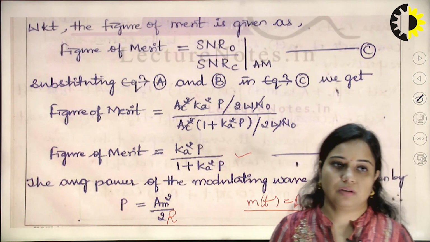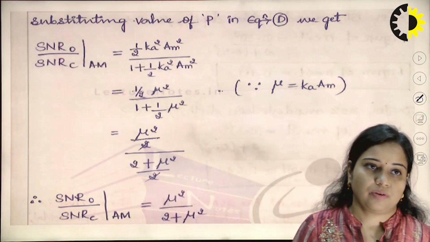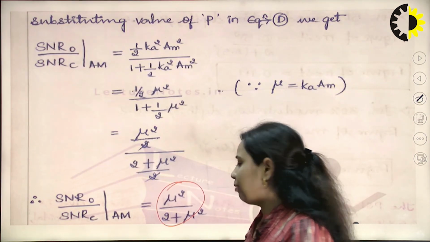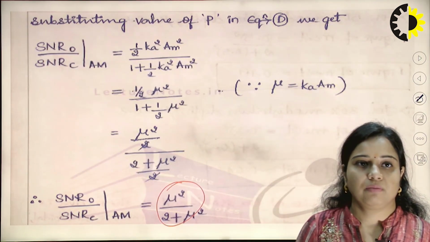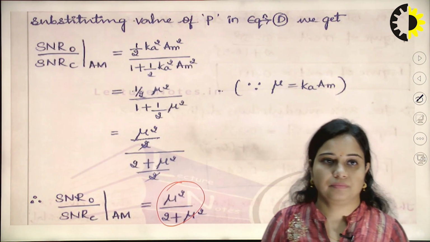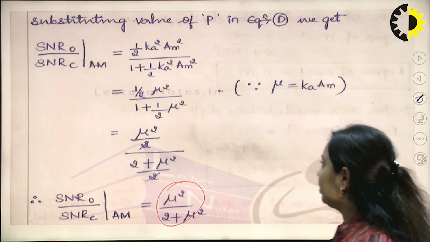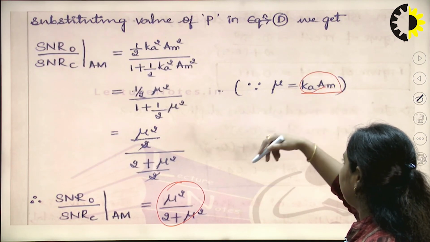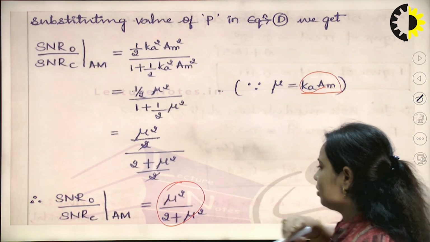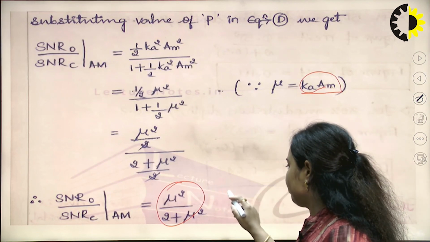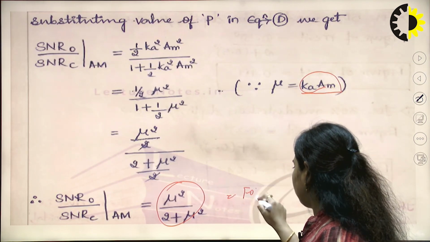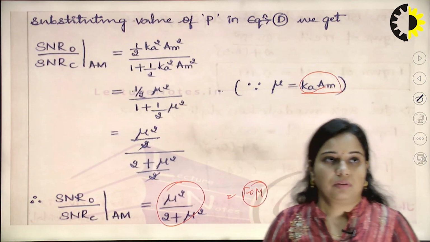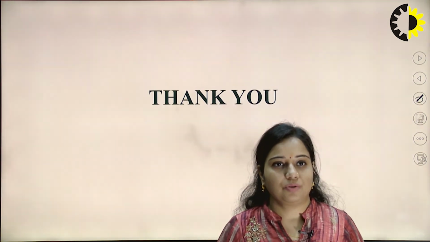So, that is the value of P. After putting all these values, it reduces to mu square upon 2 plus mu square, where mu is equivalent to Ka into Am. Now, what is Am? Am is the amplitude of the message signal and Ka is the proportionality constant. So, that is the signal to noise ratio or figure of merit for the AM receiver. So, this is all about today's lecture.